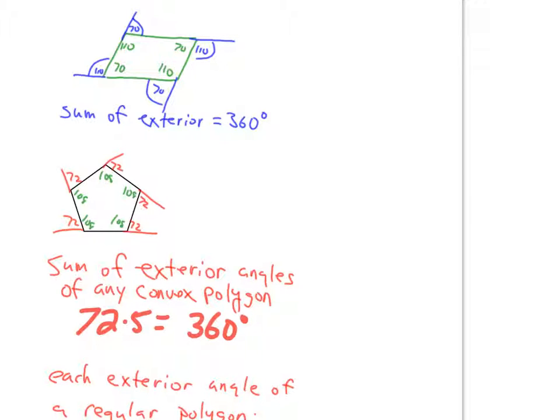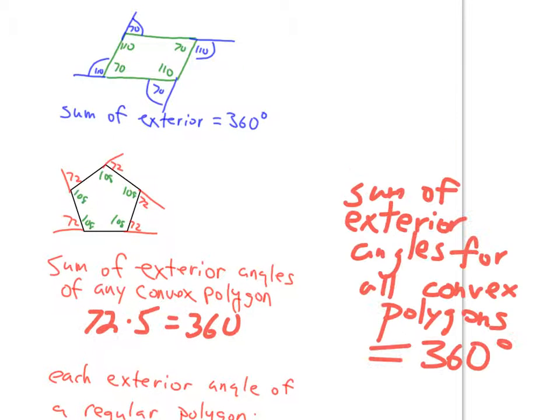So what I've written here is the sum of the exterior angles for all convex polygons is 360 degrees. So there's no formula. You can always assume that. And they don't have to be regular.